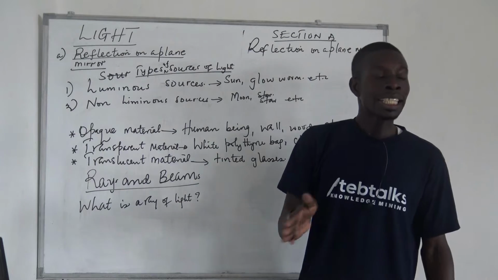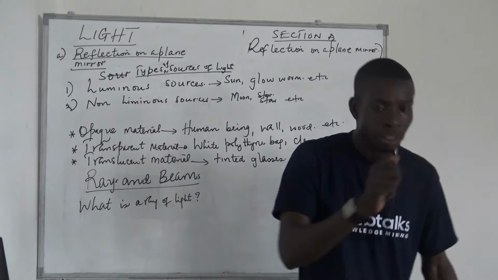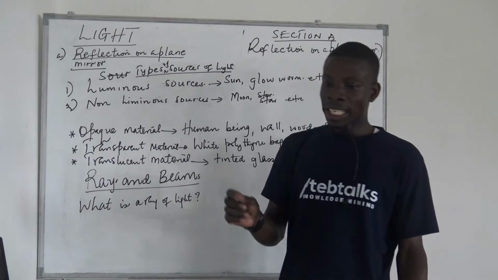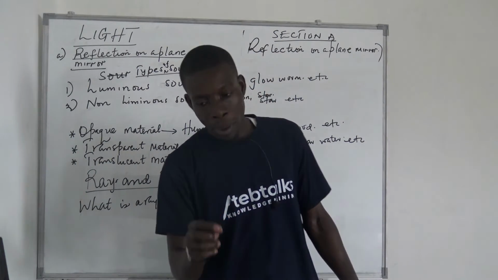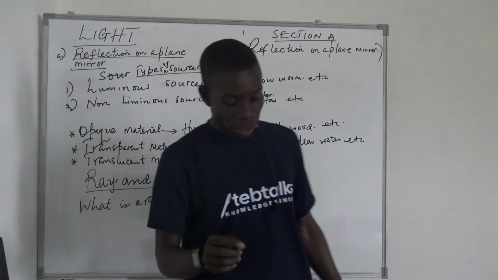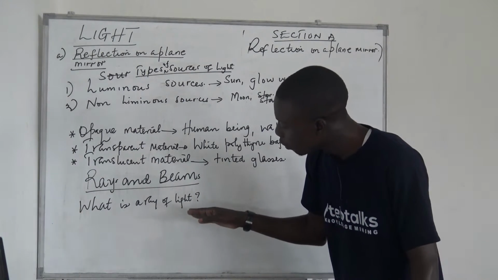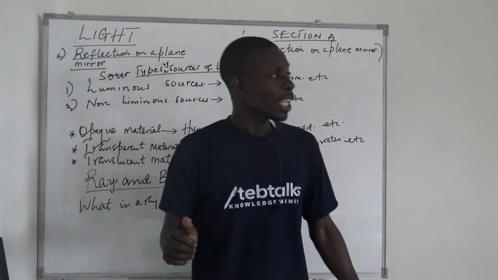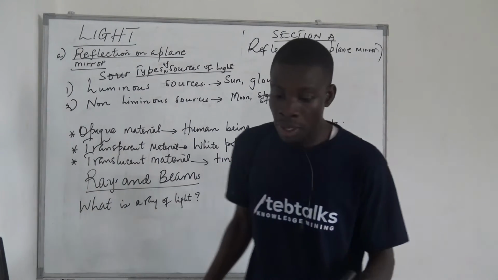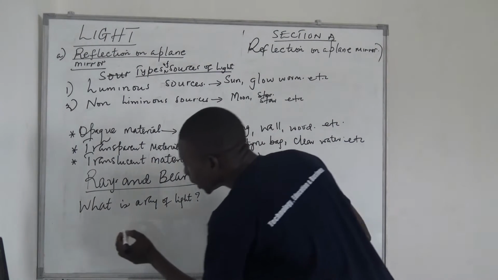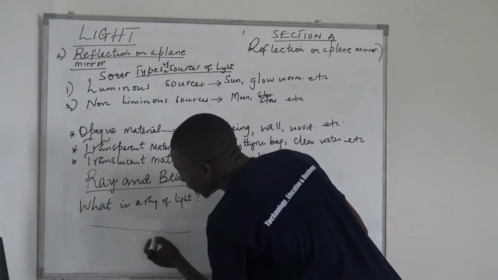Is that okay? That any direction that light takes is what we are calling a ray. I've said a ray is a path taken by light. That is the definition of a ray of light. And if we are to use a diagram, a ray is represented using a straight line.